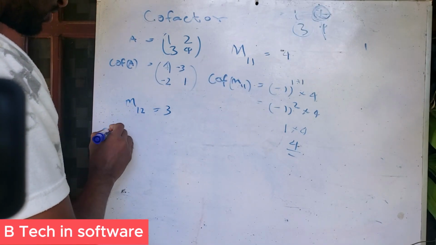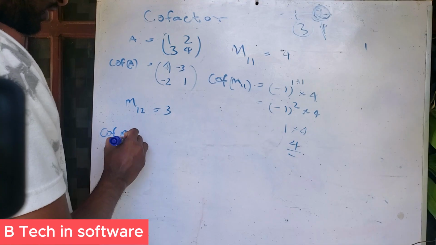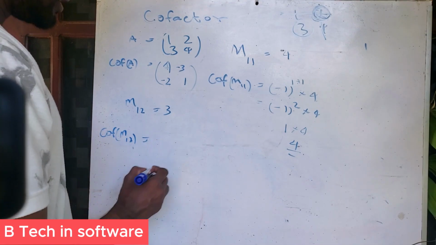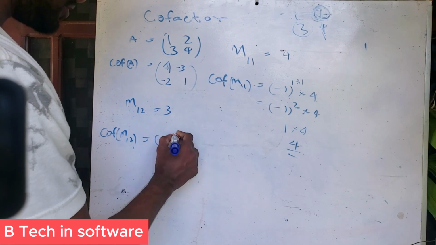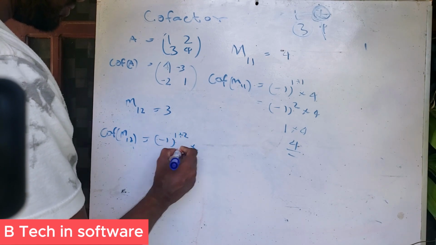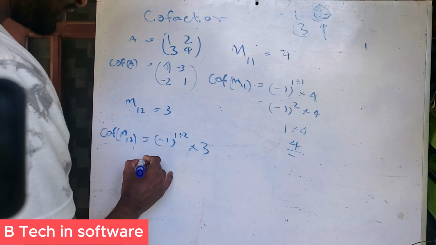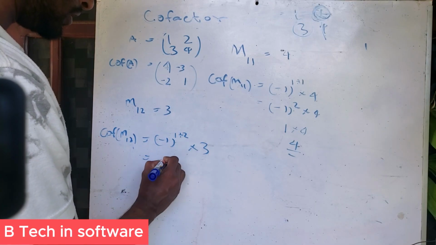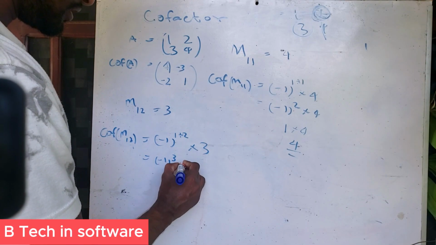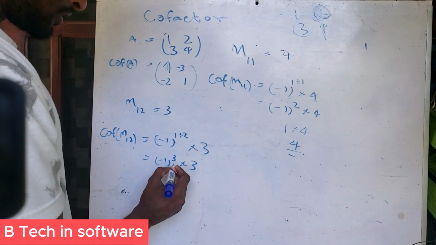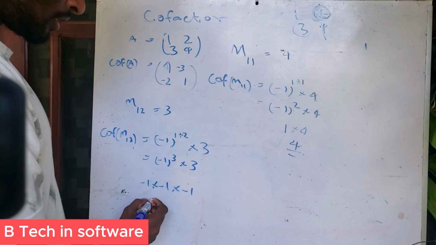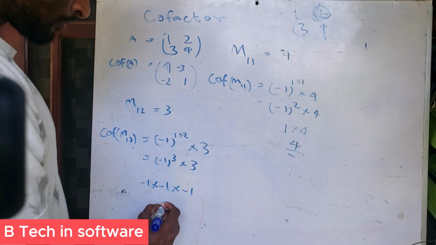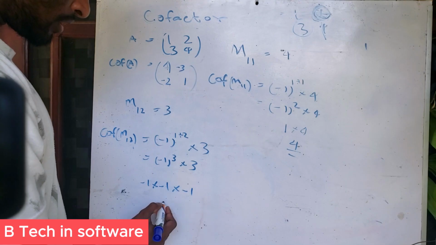Now let's find the cofactor of this second element. Minus 1 to the power of its location 1, 2, and then multiply with 3. Now you can see 1 plus 2 is 3. 3 means minus 1 times minus 1 times minus 1, which is minus 1.